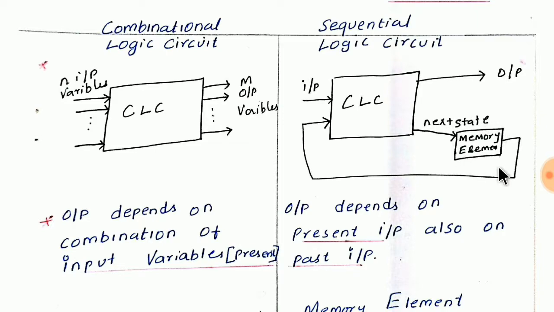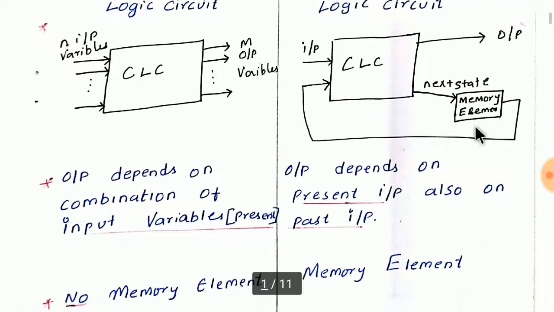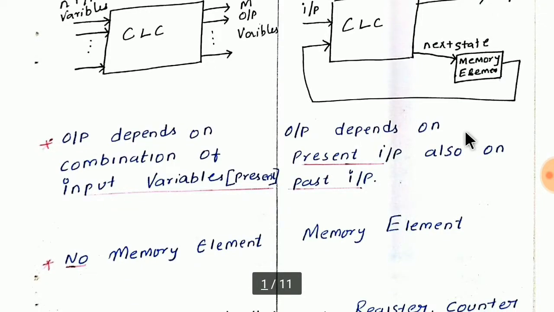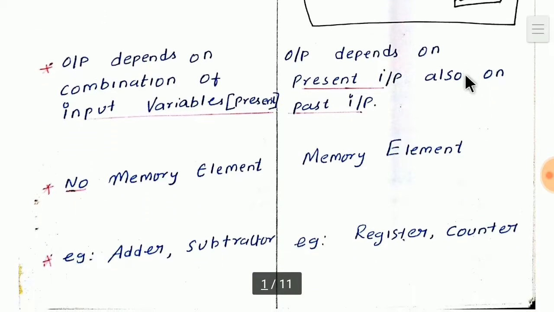That is, our memory element will be present in our sequential logic circuit. The definition says the output depends only upon the present input variable, whereas in this case output depends upon present input and also past input. That past input is because of the memory element we have.